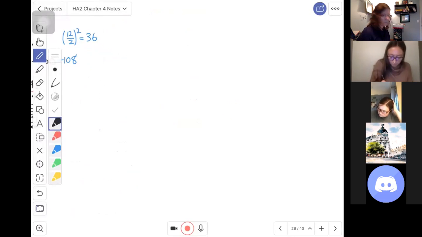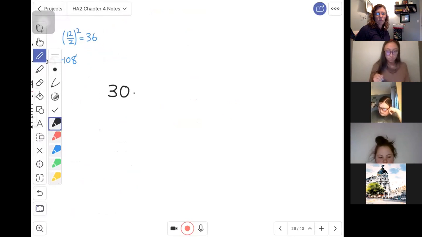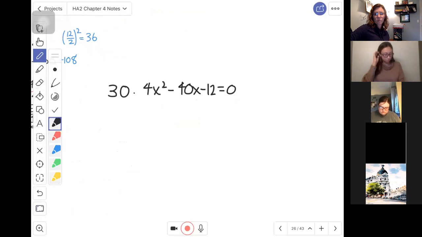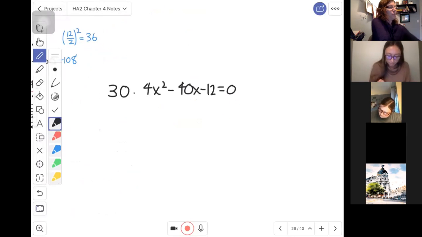Let's look at number 30. Number 30 was 4x squared minus 40x minus 12 equals 0. So we are completing the square here. The directions said to complete the square. So Annabelle, what am I going to do first?